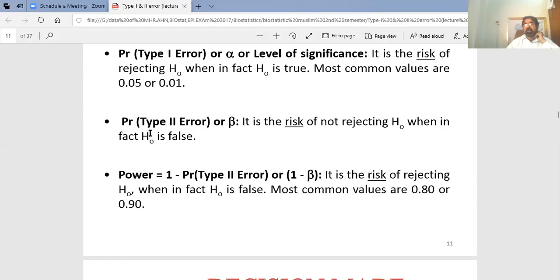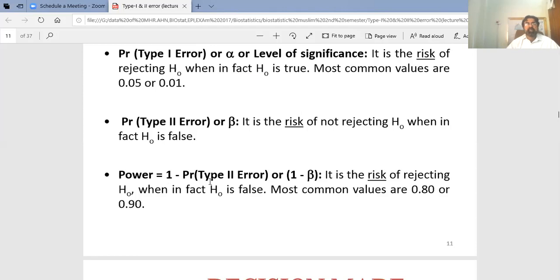Probability of type 2 error, or beta, is the risk of not rejecting H0 when in fact H0 is false and it should be rejected, but you did not reject, so you committed a type 2 error. By default it is equal to 20%, and you may go for 10% or 30% as well.